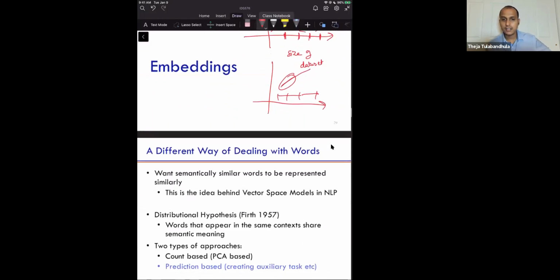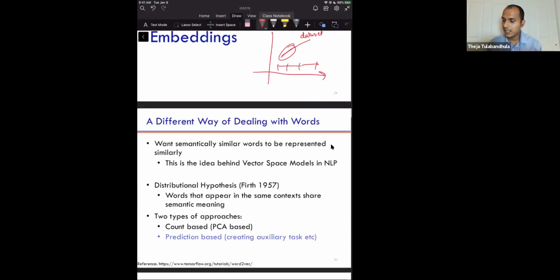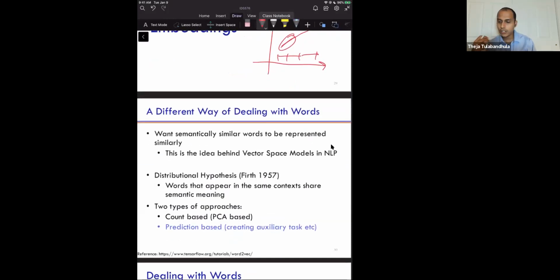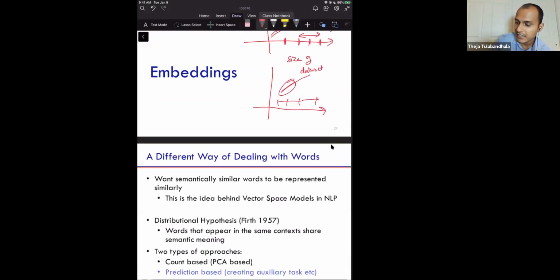Okay, let's talk about embeddings. I've already told you what embeddings are, in a couple of places. Embeddings are essentially a mapping from symbols to vector representations of symbols. We've already done vector representation of not symbols but images.